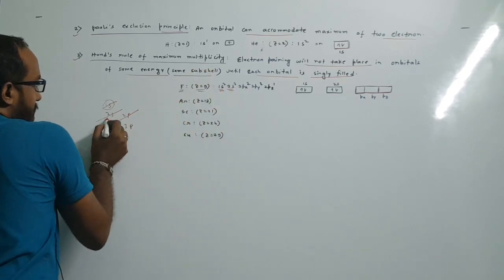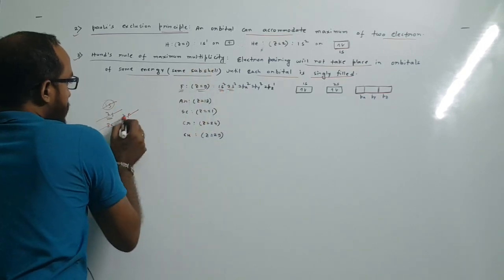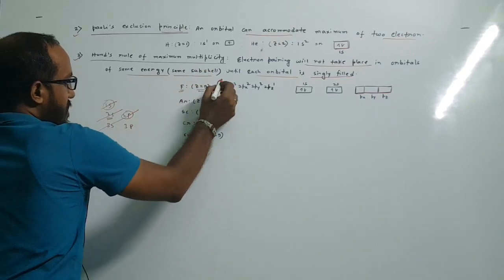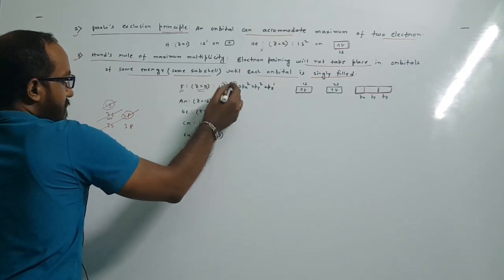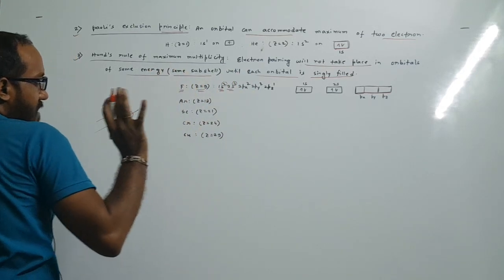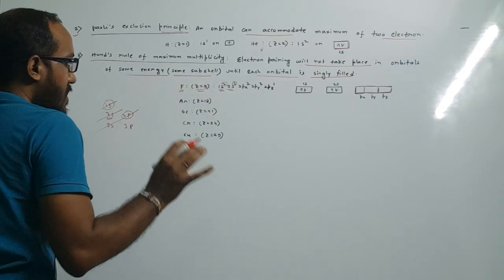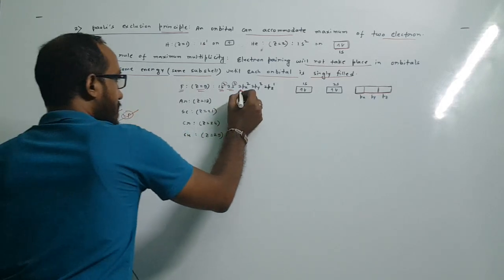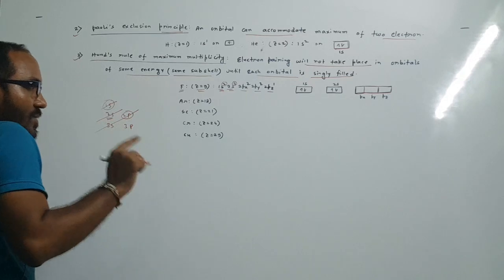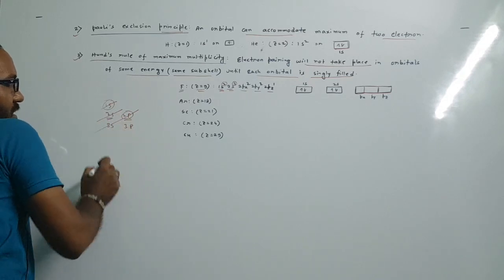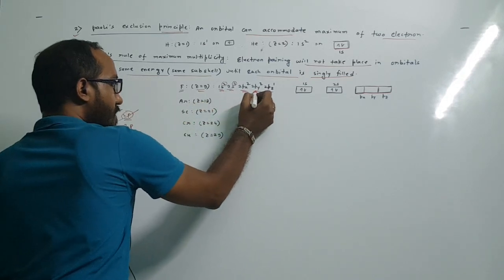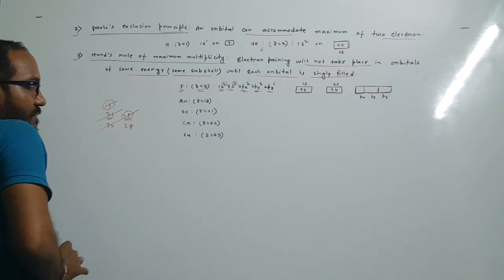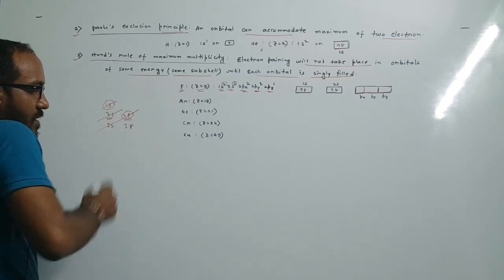Then 2s2. Then 2p. How many electrons remain? 9 minus 4, that means 5 electrons. So you have to fill 5 electrons. We already know that p orbitals have 6 electrons, and there are 3 orbitals of equal energy, px, py, pz. As it is the 2p orbital, it will have 2px, 2py, 2pz of the same energy.